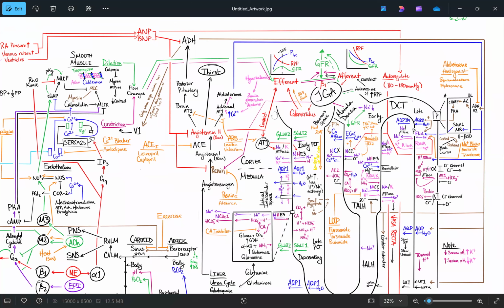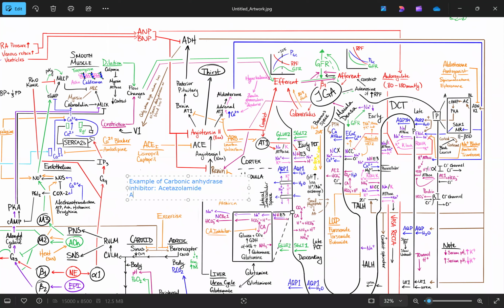If you think way down the line at the collecting duct, at your alpha intercalated cells, you have a bunch of proton pumps. If there are fewer protons, there's less of a gradient to push against, so they're going to be more effective at pumping, which means you're going to reabsorb more potassium. If you reabsorb more potassium at the alpha intercalateds, the principal cells might have an easier time with ROMK pumping out potassium.